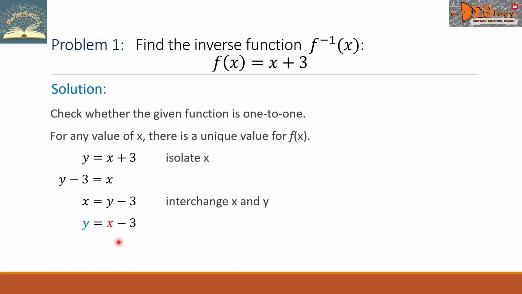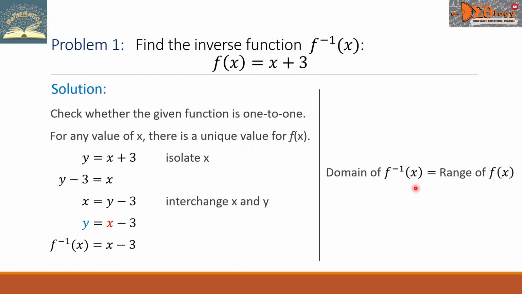This is now the inverse function. We just change the y by the notation f inverse of x. This is the answer. For the domain of the f inverse, that is the same with the range of the function f of x. And the range is from negative infinity to positive infinity.